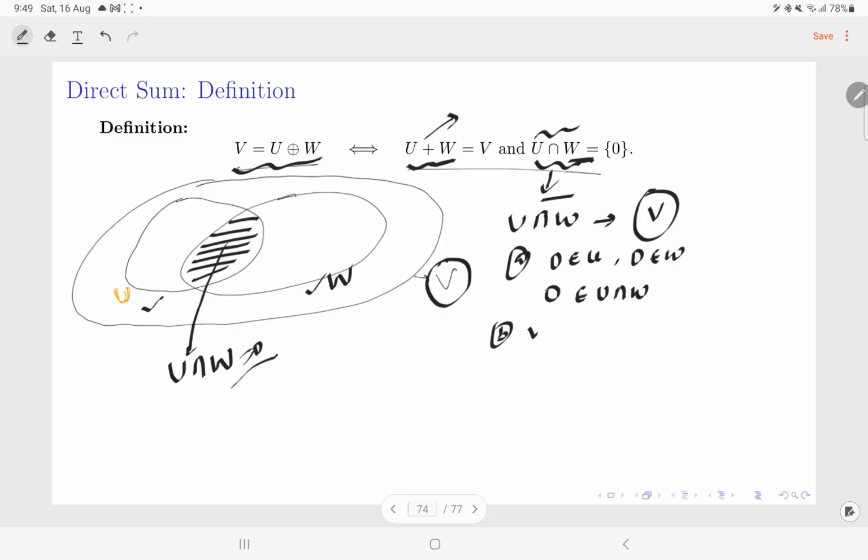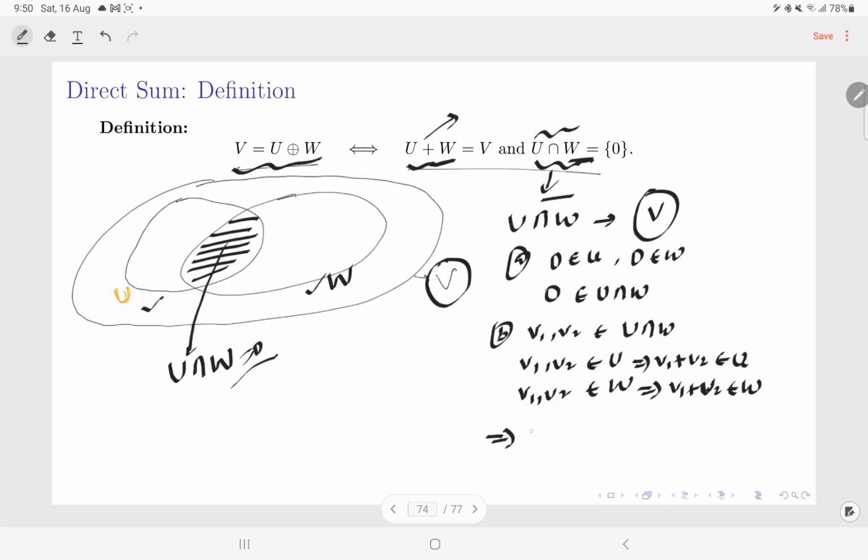Second property: let's say V1, V2 are elements of U intersection W. That means V1, V2 are elements of U and V1, V2 are elements of W. So V1 plus V2 is an element of U, and V1 plus V2 is also an element of W, which implies V1 plus V2 is also an element of U intersection W. Third, we have to show scalar multiplication.